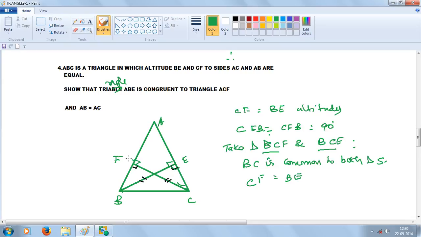So ending with F means E, so this should be CB in that order. CF is equal to BE, given, altitudes. So two sides are over.